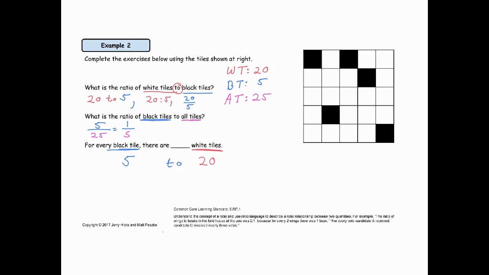Okay, but this question's a little different because it says for every black tile. That means for every one black tile, how many white tiles are there going to be? So I think what we should do is we should set this up using a fraction of 5 to 20.